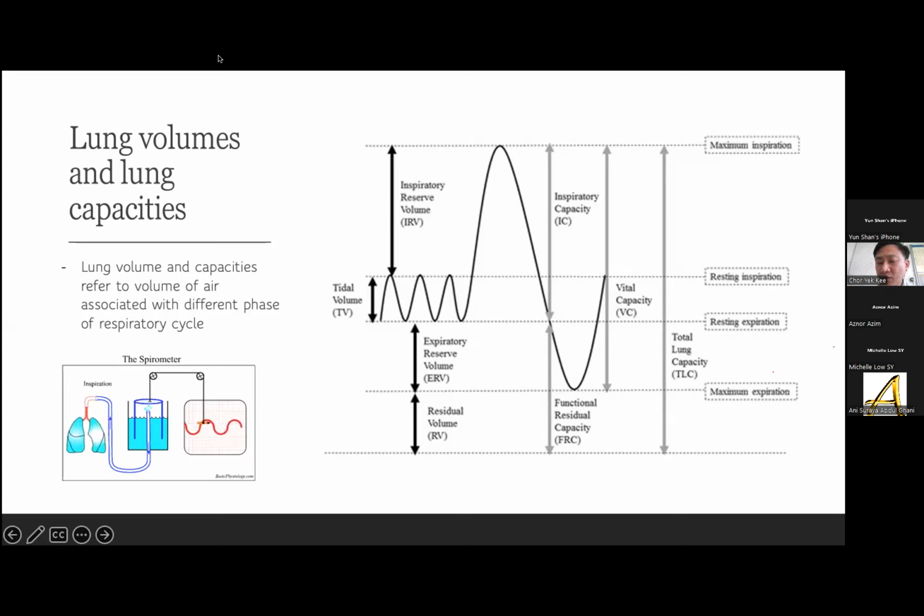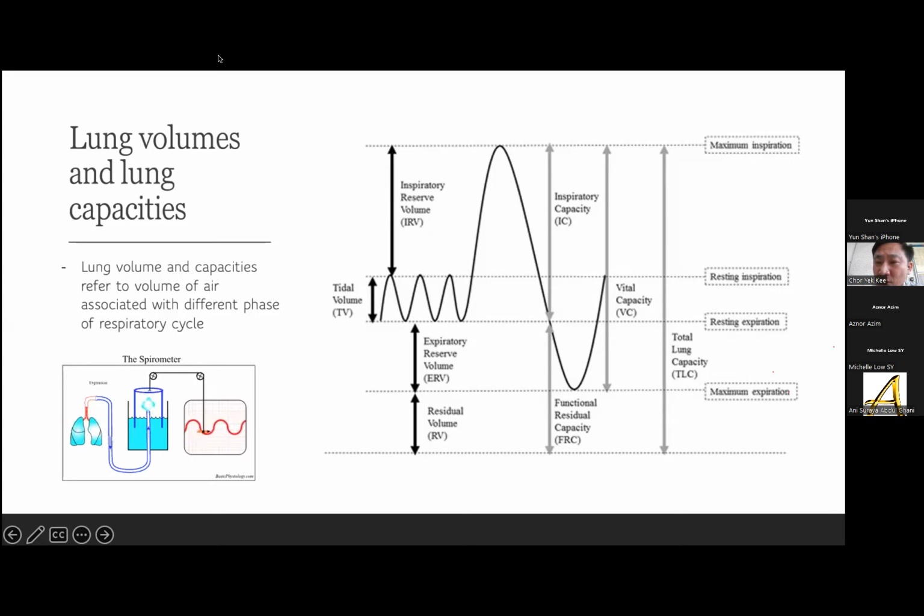The tubing distension can sometimes be calculated as part of the tidal volume, so you need to be very careful about this, especially now that most ventilators have compliance compensation. Compliance compensation means the machine will automatically calculate this, because when you distend during inspiration, the plastic tubing inflates slightly as well, and that contributes to increased tidal volume.